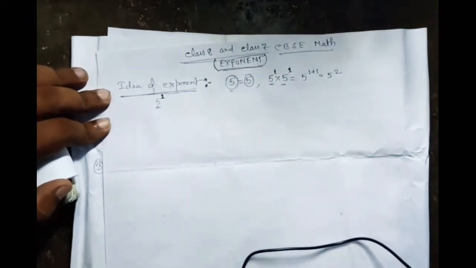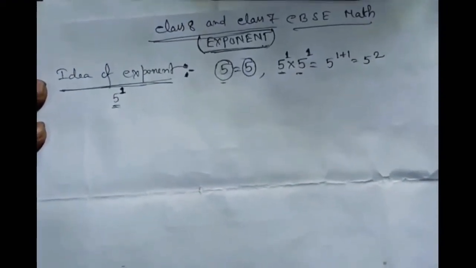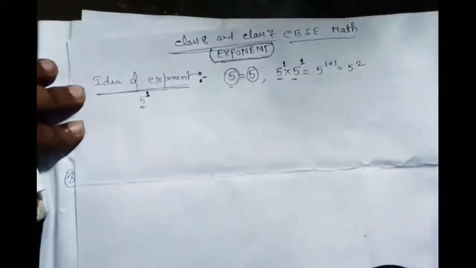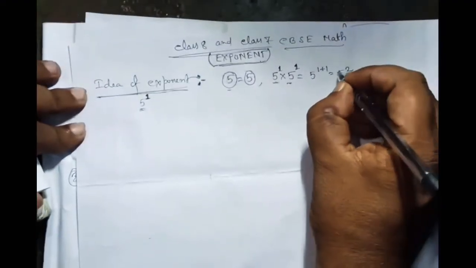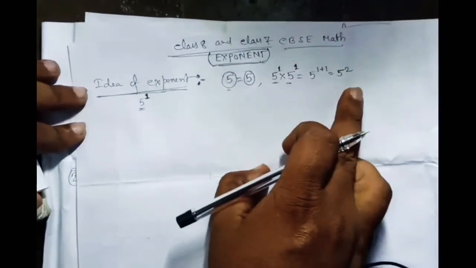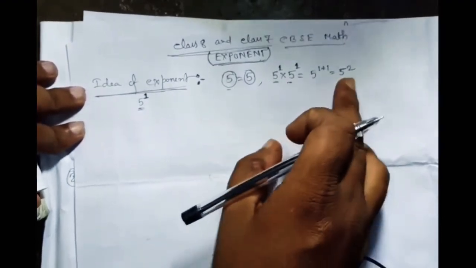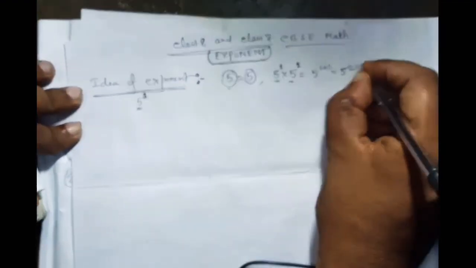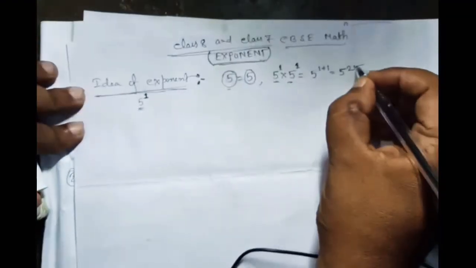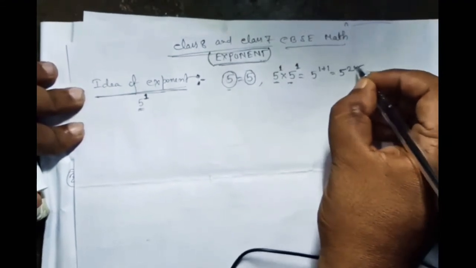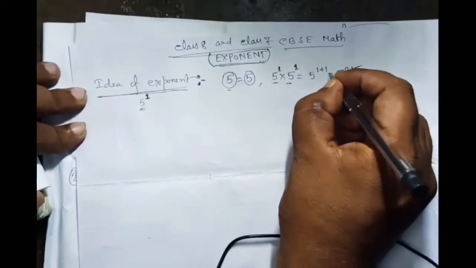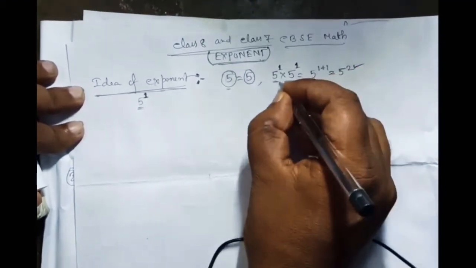Okay, hope you are able to see the answer. Understood? This head part, what we write in the head of the number, is called the exponent.